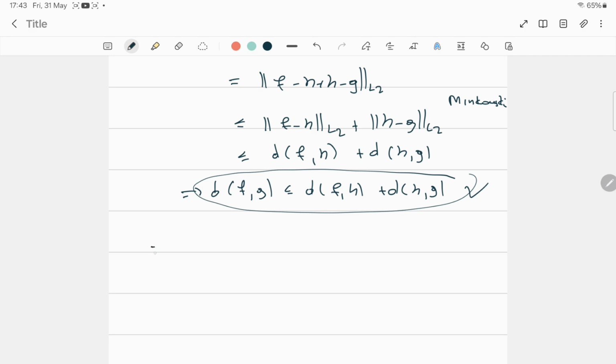And the last case, d(λf, λg), where λ is a scalar.